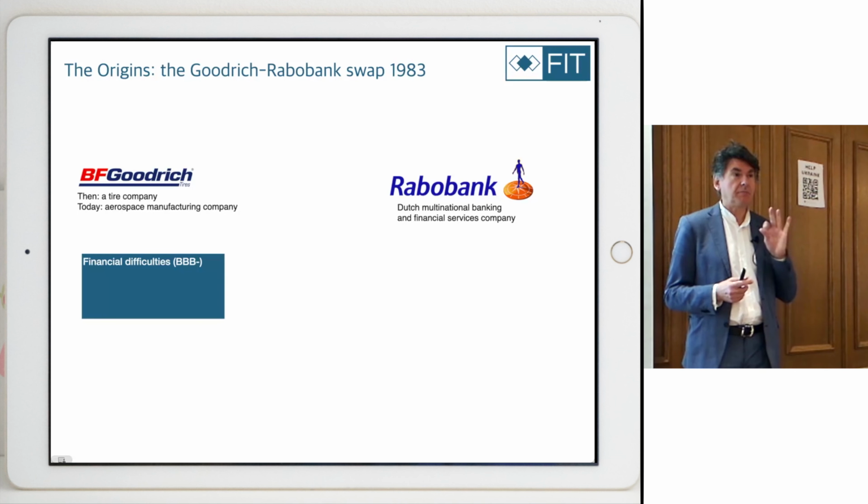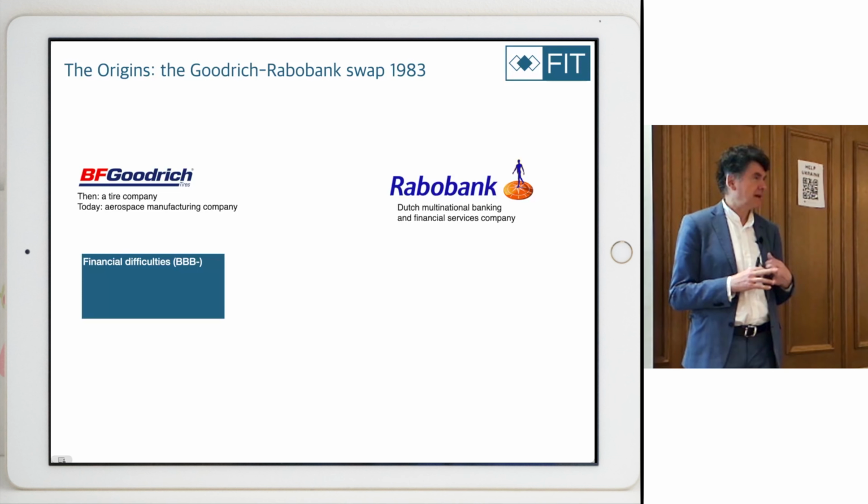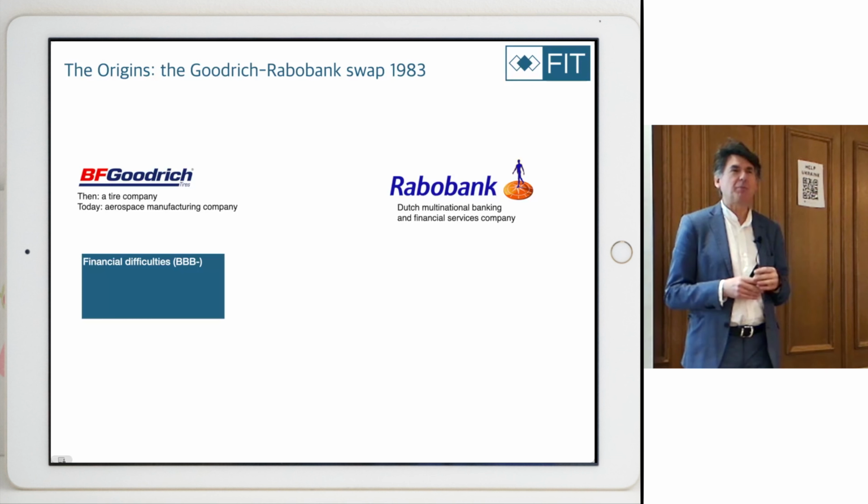Okay, so there have been 3 big years in financial history. We saw that last week. 1929, the market crash and the Great Depression. 1983 and 2008. Today we'll talk about 1983.